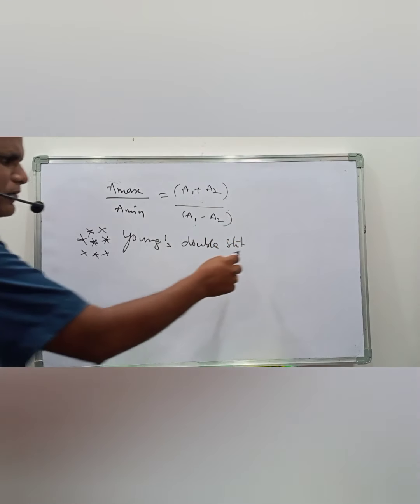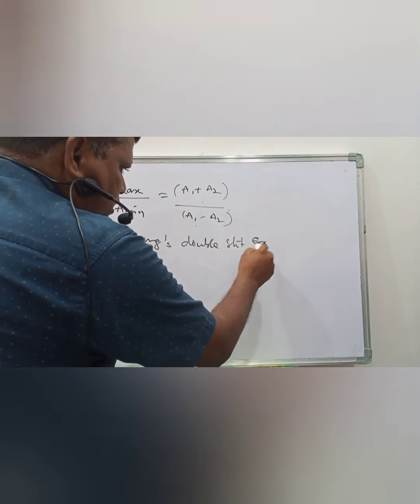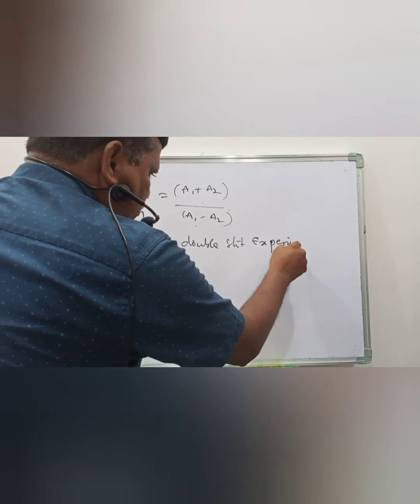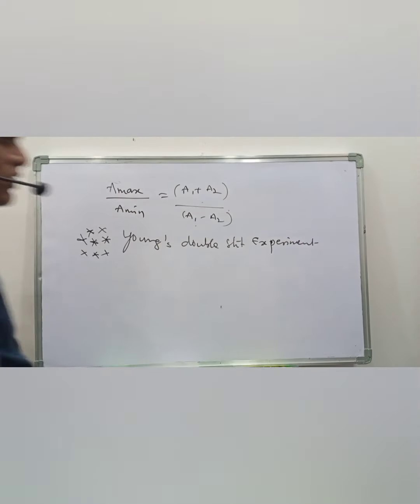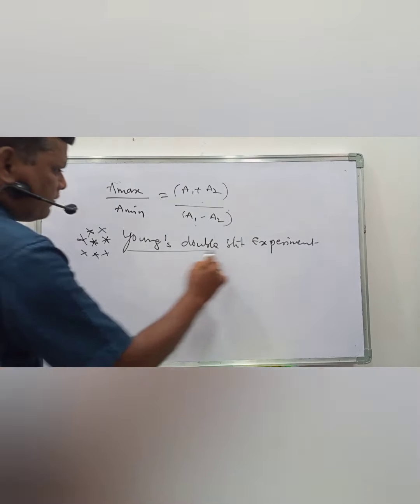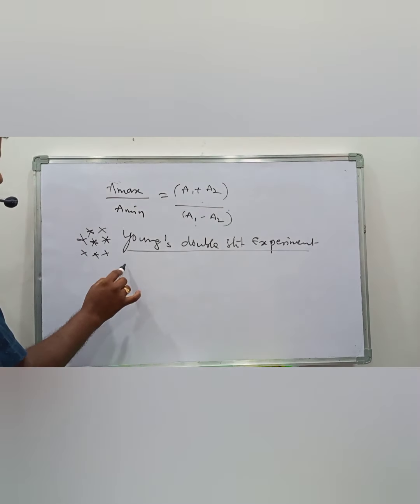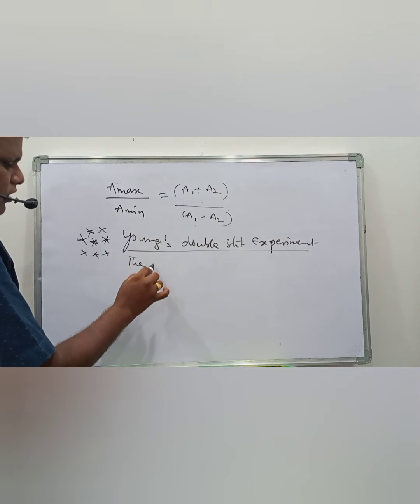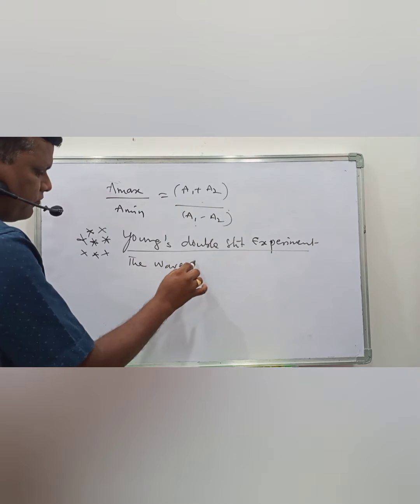Young's double slit experiment gives the nature of light, that is, the characteristics of the wave nature of light.